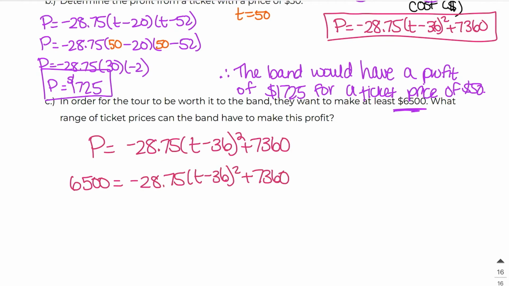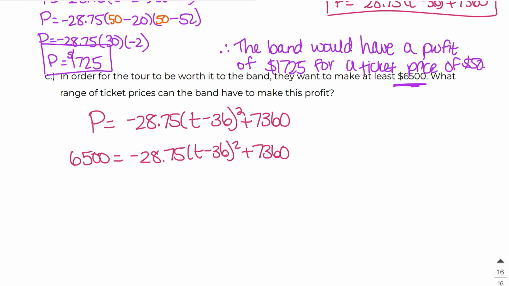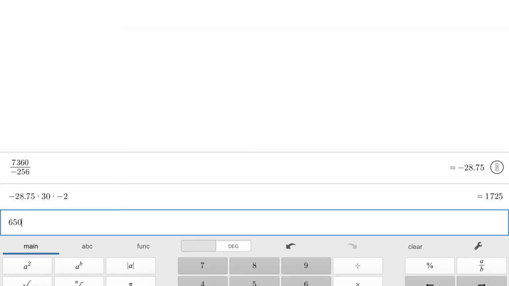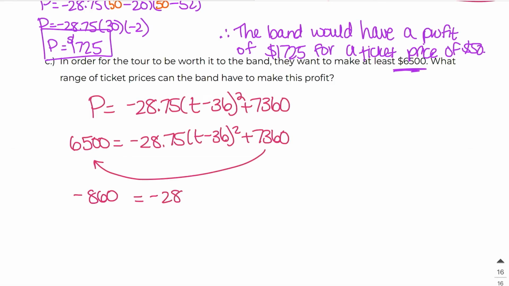So in order to be able to solve this, I need to move this 7,360 over to the left side. So I'm going to subtract this, and I get negative 860. And that's equal to negative 28.75 times t minus 36 squared. Now I want to divide by negative 28.75.